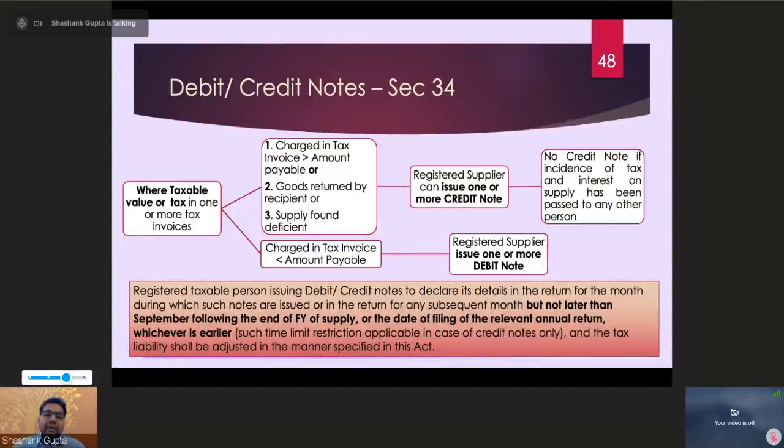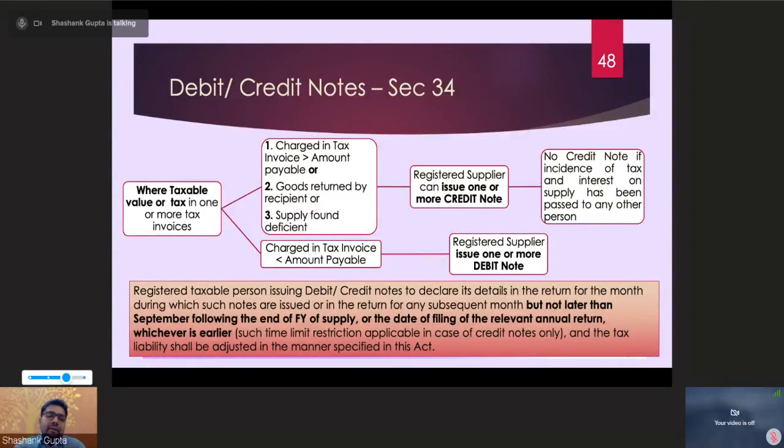So accordingly, tax would have been charged on 10,000 rupees. And thereafter I realize a mistake. So what should I do for the balance 90,000? Should I issue another tax invoice? No. The correct way is, because it is the same supply and no new supply has happened, to issue a debit note for the balance value along with the differential tax and raise it on the recipient.